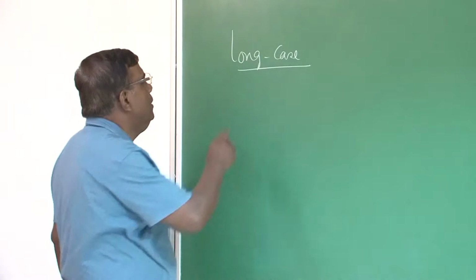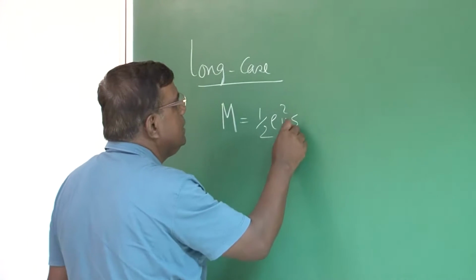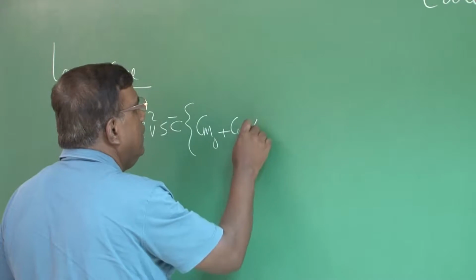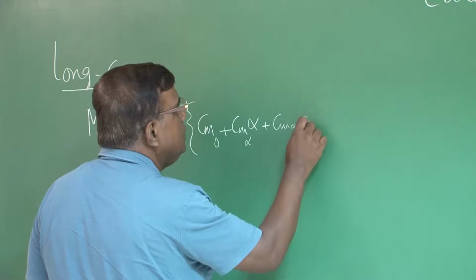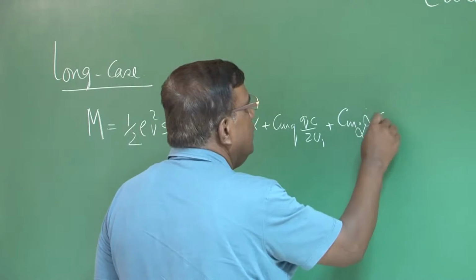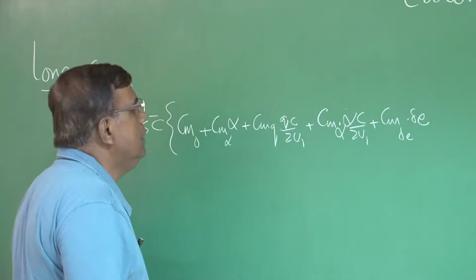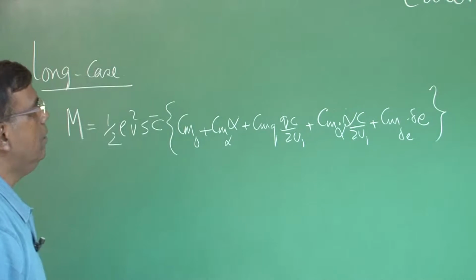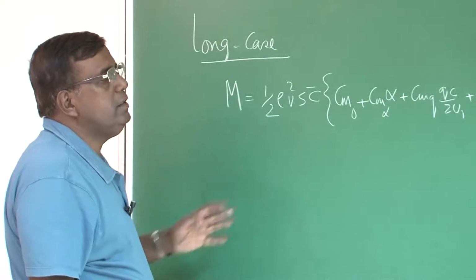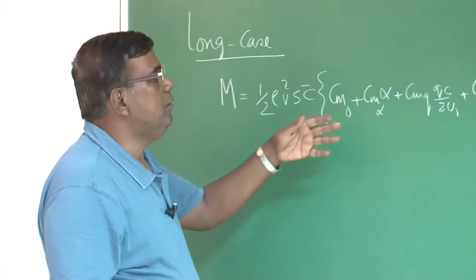For example, for longitudinal case, when I model pitching moment, I write it like this: half rho V square S c bar, say Cm naught plus Cm alpha into alpha plus Cm q into qc by 2 u1 plus Cm alpha dot into alpha dot c by 2 u1 plus Cm delta E into delta E. But you will find if the angle of attack is much higher and which violates our small angle approximation, then there are additional terms that have to be incorporated.